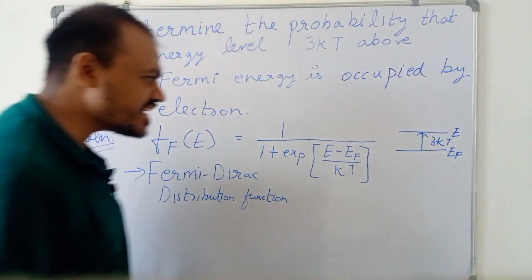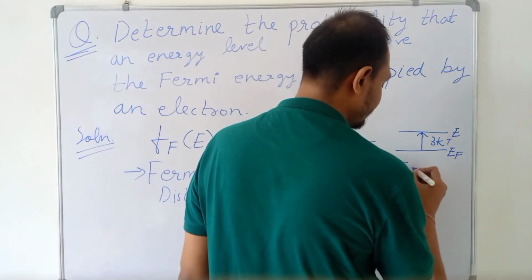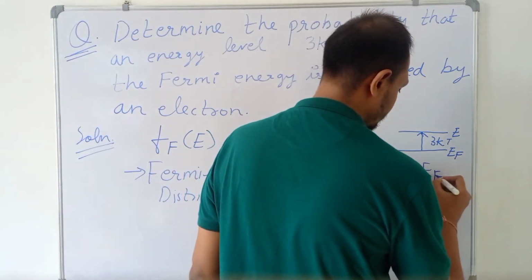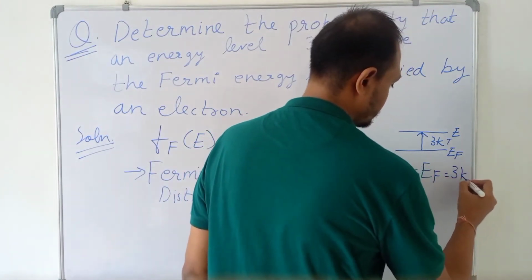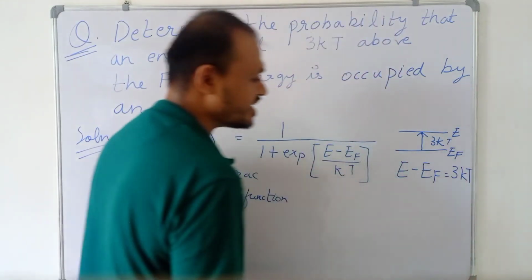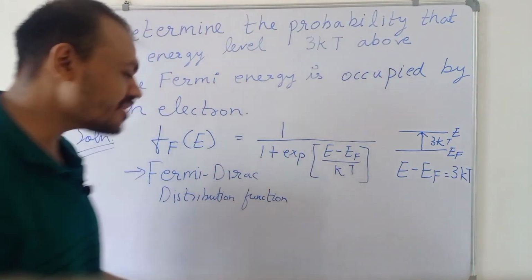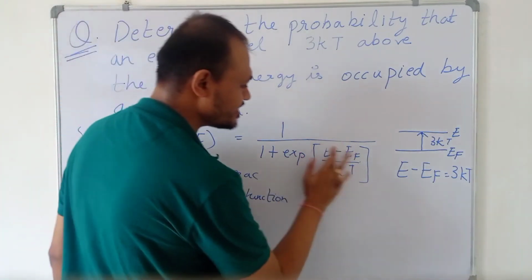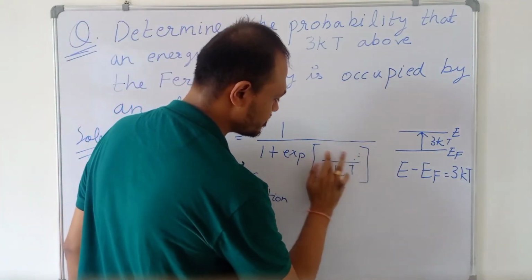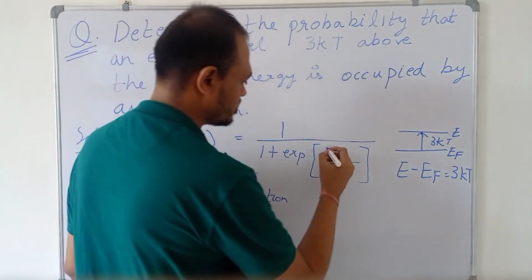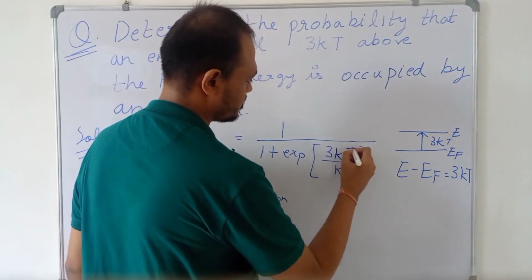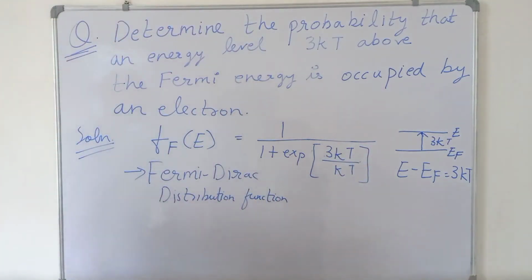So we can write E minus EF equal to 3 kT.